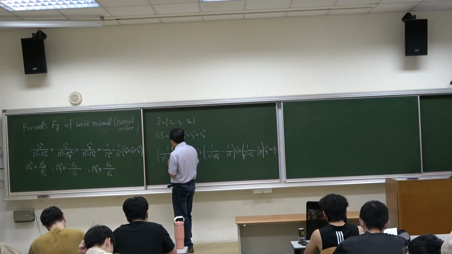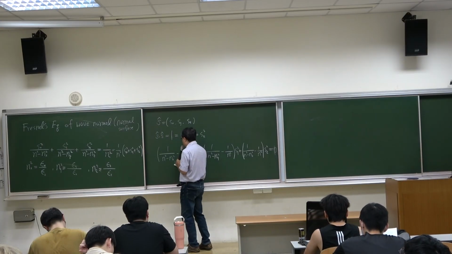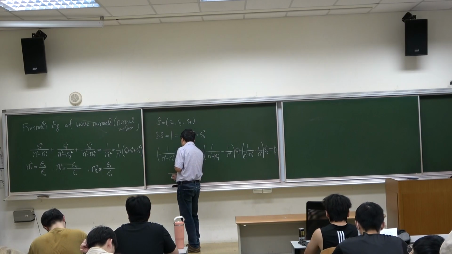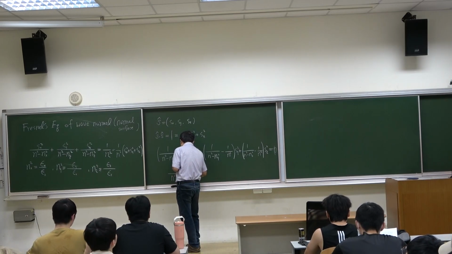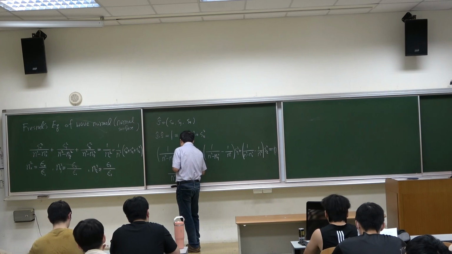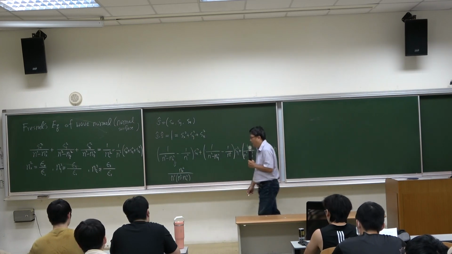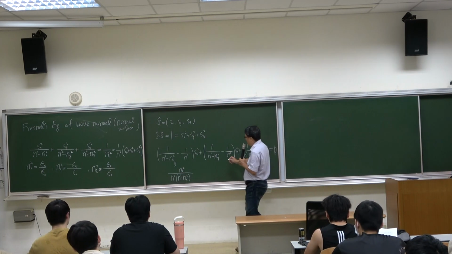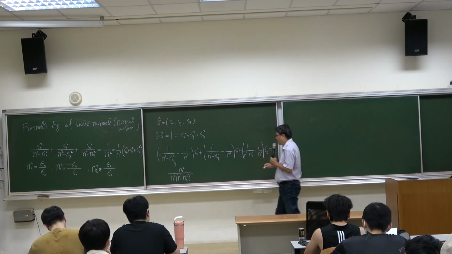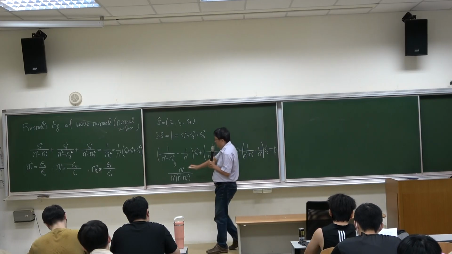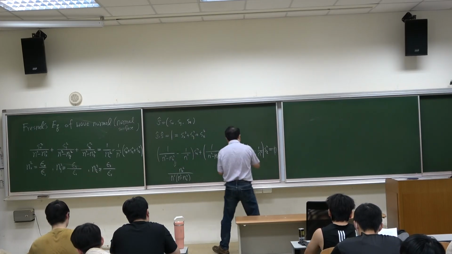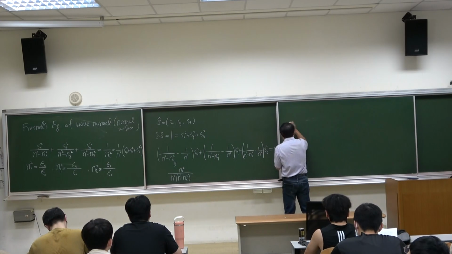So the difference between these two terms is this one. And similarly for this and this. So finally, when we multiply n squared to the result, we get this.